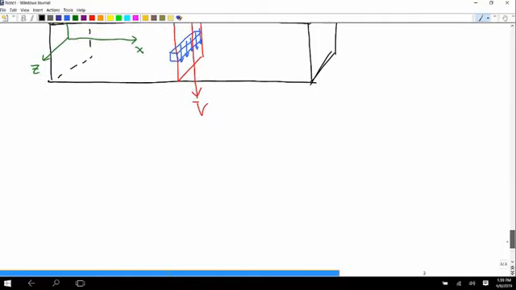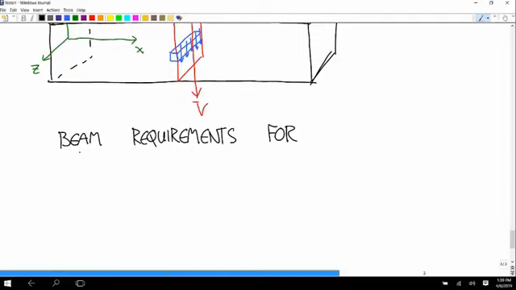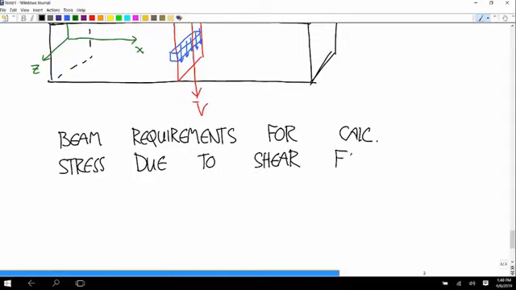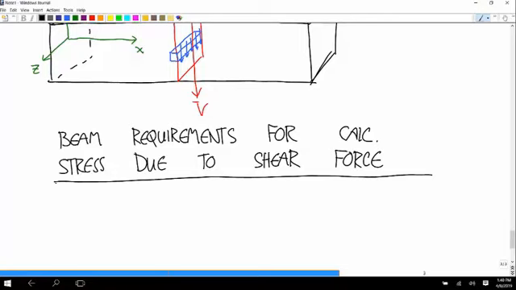Okay, beam requirements. For this approach to calculating the stress due to the shear force, there are only two shapes that we can deal with.